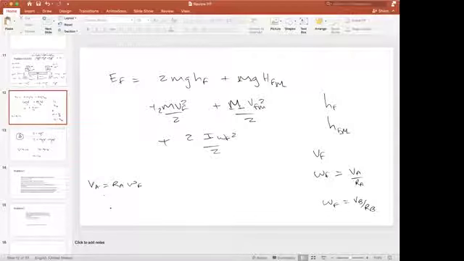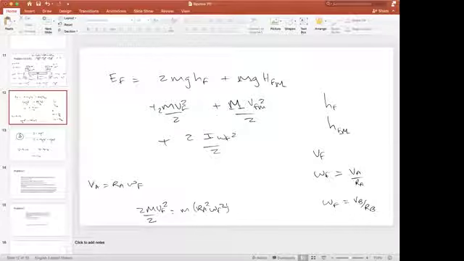So m V final squared for the two little masses is equal to, if I cancel those, RA squared omega final squared.